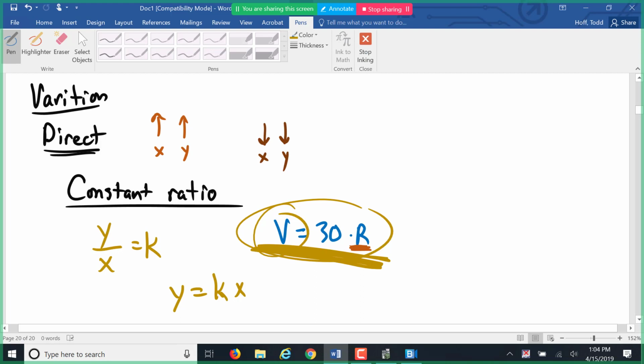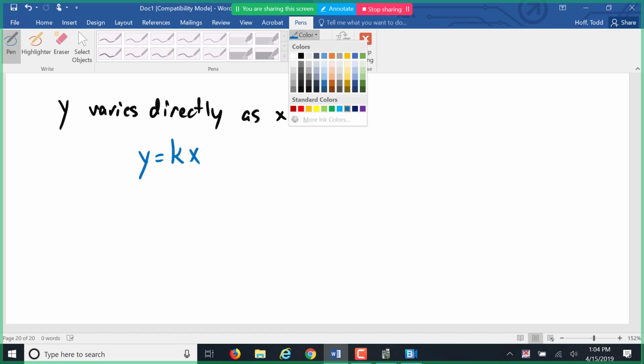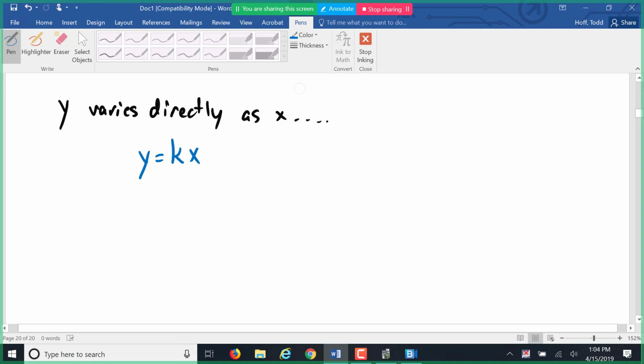So if we're told y varies directly with x, what that is telling us is that we have that relationship: y equals a constant times x. Now generally there's more information than that.